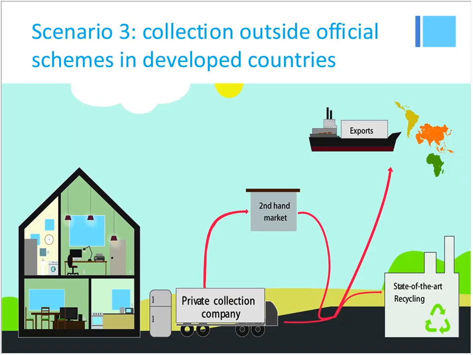Collection outside the official schemes is also happening, of course. The collection volumes basically being 1/3 in the developed world doesn't mean that the other 2/3 are being exported illegally. We'll take a look at that later. But there's a lot of non-compliant or non-reported collection and also scavenging of components of e-waste taking place in the developed world.